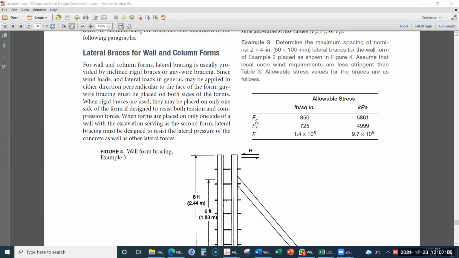The compressive stress in the brace is 45861, and the tensile stress is 4999, and the modulus of elasticity is 9.7 into 10 to the power 6 kilopascal. These are the values which we will use over here.